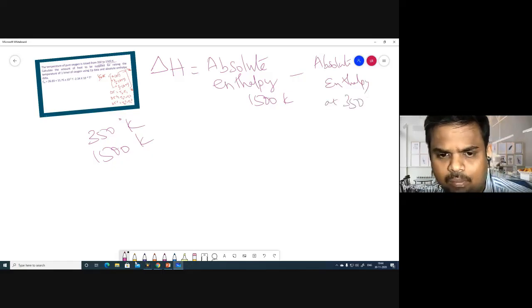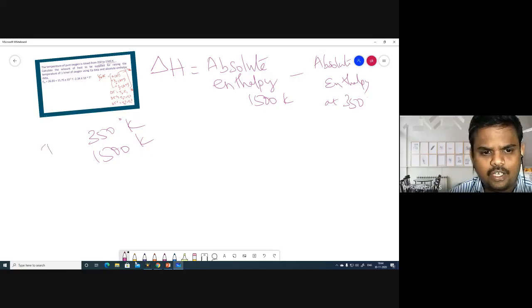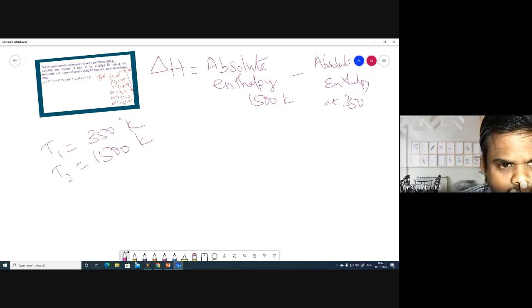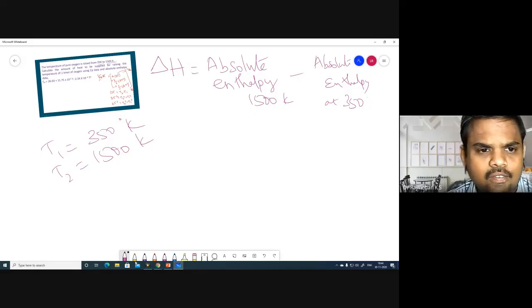It is heated from 350 Kelvin to 1500 Kelvin. So we have T1 equal to 350 Kelvin and T2 equal to 1500 Kelvin, and it is given that the temperature of pure oxygen is raised from 350 to 1500 Kelvin.